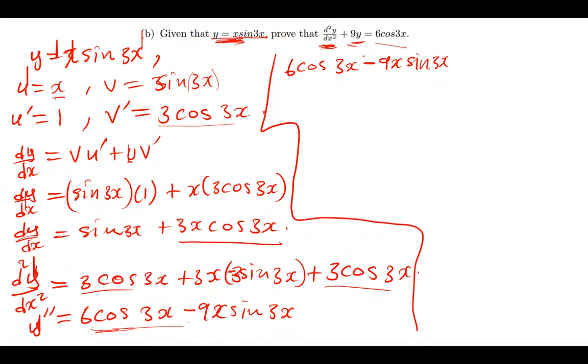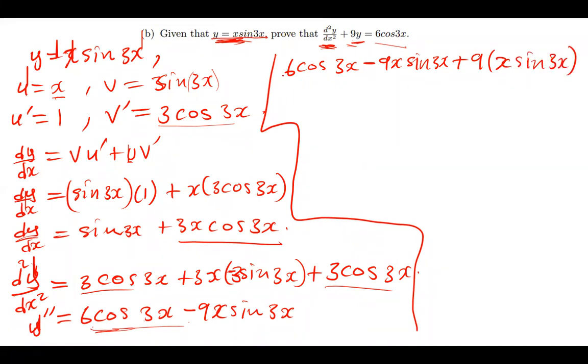Our y is x sine 3x, so we say plus 9 times x sine 3x.